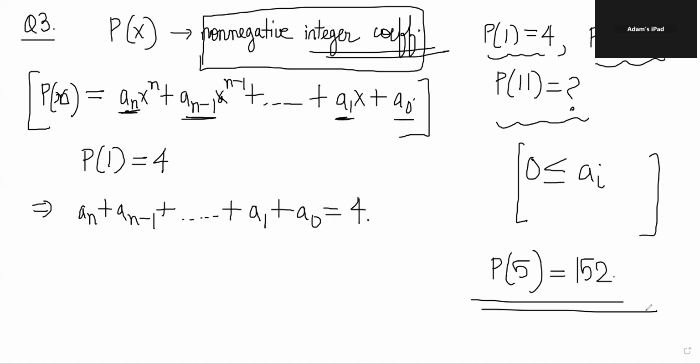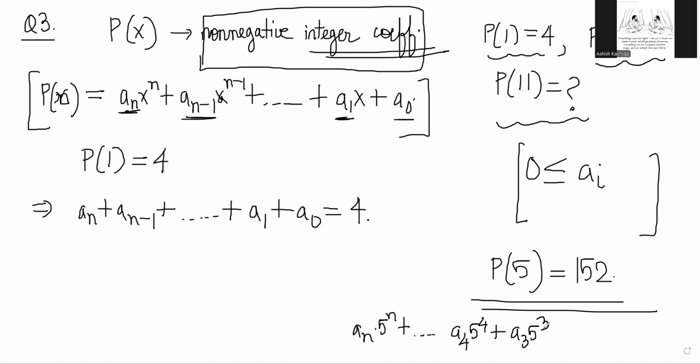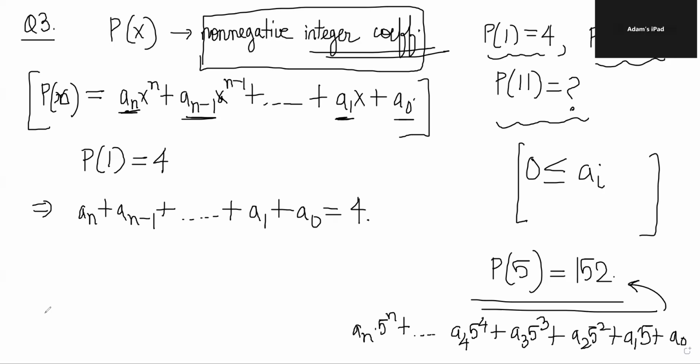When you look at the case of P(5), it will just be too big because 5 to the power of 4 would be 625. So you are saying that a_n 5^n till a_4 5^4 plus a_3 5^3 and so on should add up to 152, so obviously these should be 0.